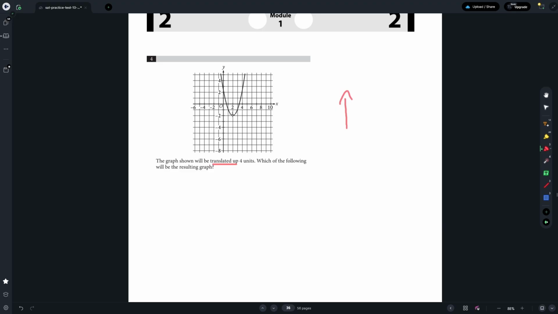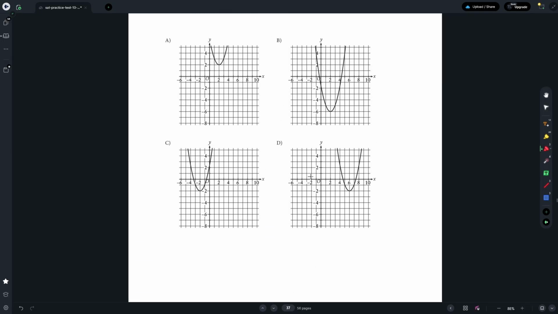So the vertex right here would go up 4 units: 1, 2, 3, 4. So it would be at 2, and the graph will look like this. This would be the new graph. So we're looking for one that has a vertex at 2. The only answer choice that has a vertex at y equals 2 is choice A. So the correct answer is A.